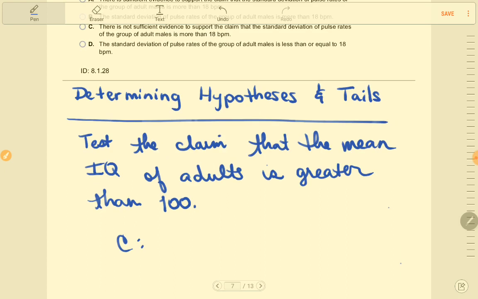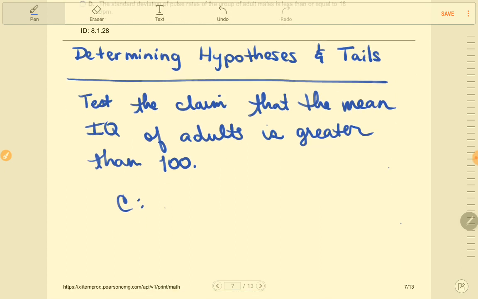Okay, so the claim in symbolic form is not P this time, because P stands for proportion. That's little p without a hat on it, stands for the population proportion. This is a claim about the mean, mu. And it'll be greater than 100. That's the claim we want to test.